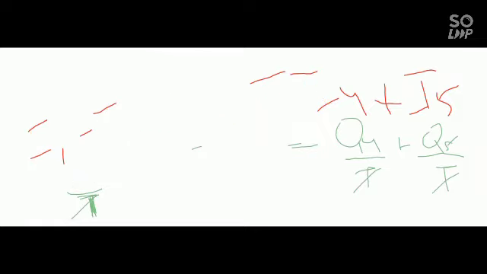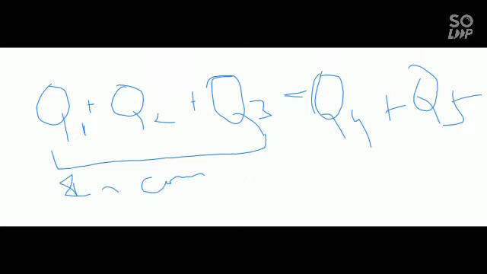What can we write? We can write Q1 plus Q2 plus Q3 is equal to Q4 plus Q5, which means incoming charge is equal to outgoing charge.